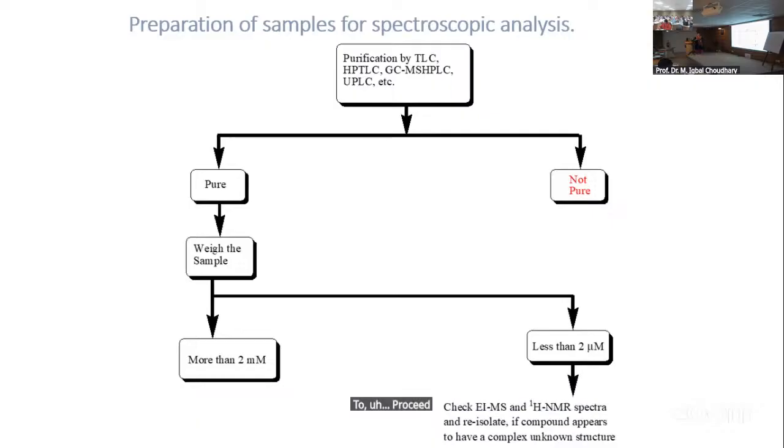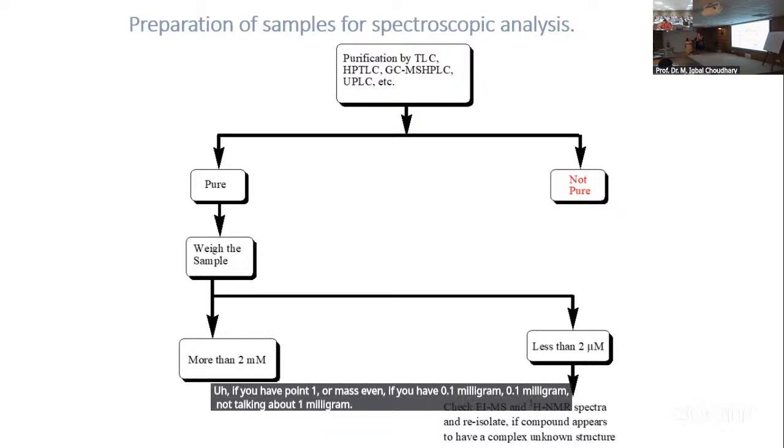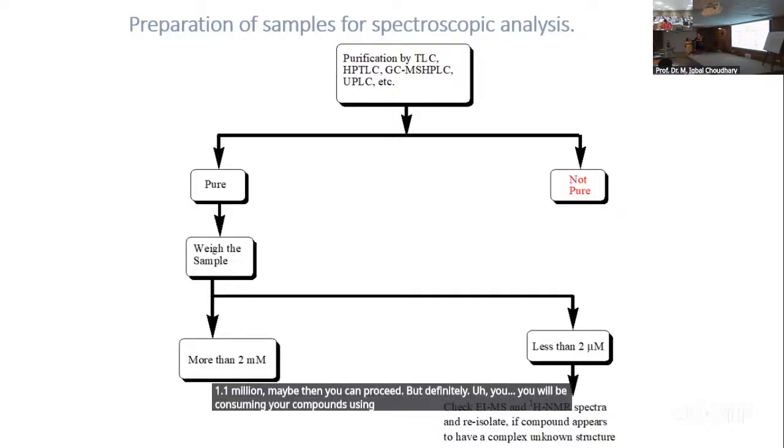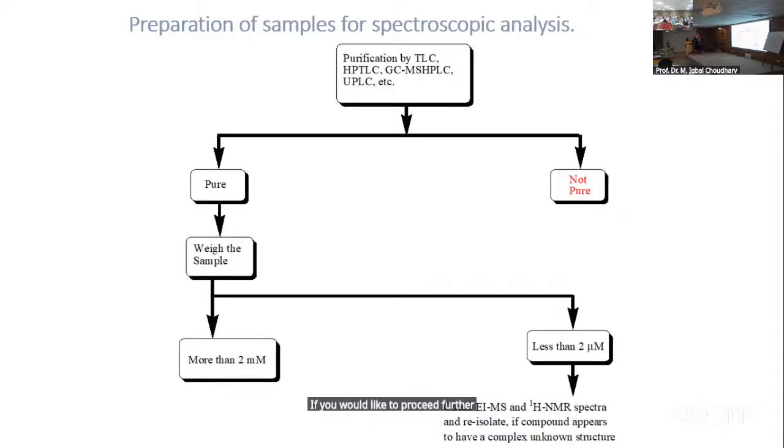While in the case of UV, IR, or mass, even if you have 0.1 milligram, I'm not talking about 1 milligram, 0.1 milligram, you can still proceed. But definitely you will be consuming your compound using mass spectroscopy analysis. So you need a few milligrams of the compound if you would like to proceed further.